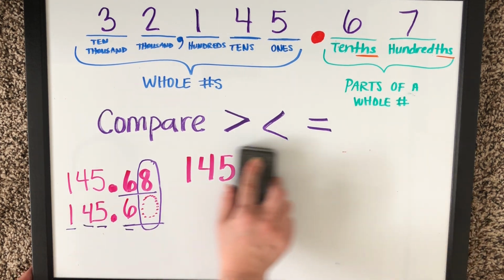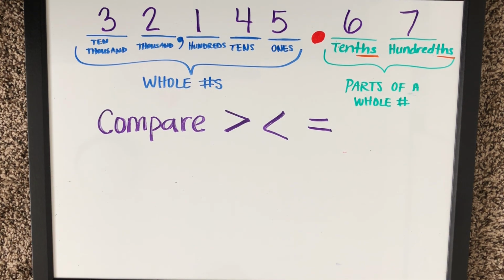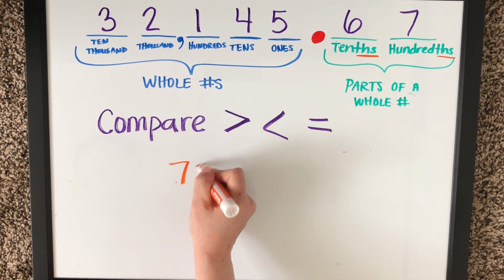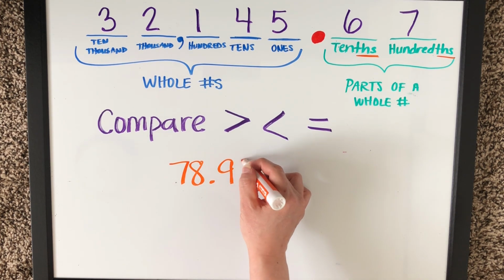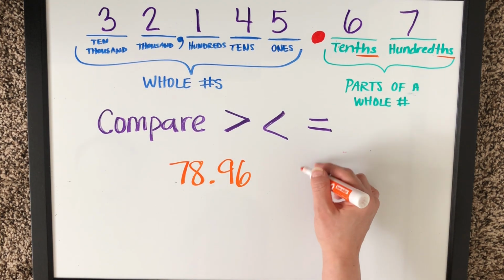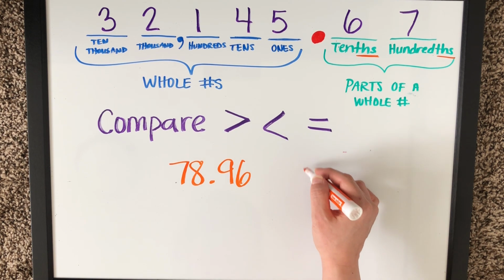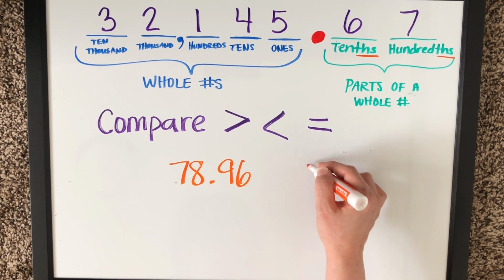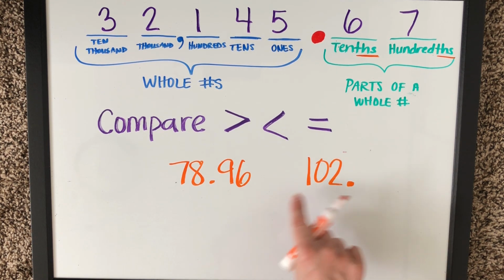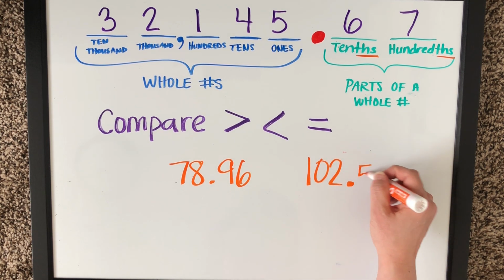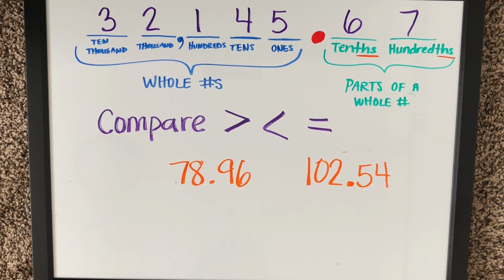One final example. If I had something that looked like this, 78 and 96 hundredths, and I'm comparing that to 102 and 54 hundredths.